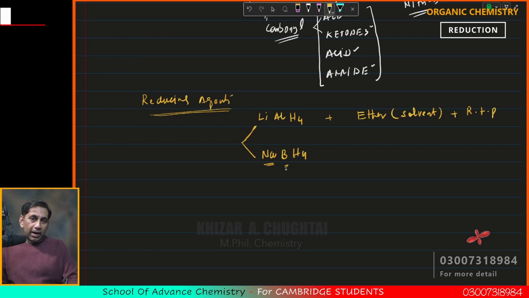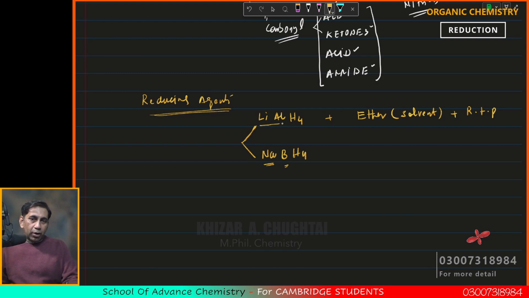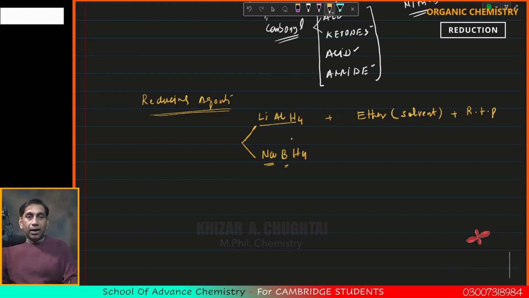Again, these are metals, and they are almost similar. Aluminium and boron belong to the same group, group 3. Lithium and sodium also belong to the same group. And here is the same number of hydrogens as well. So its name is lithium, then aluminium, then hydride.